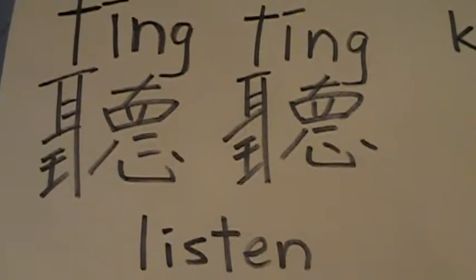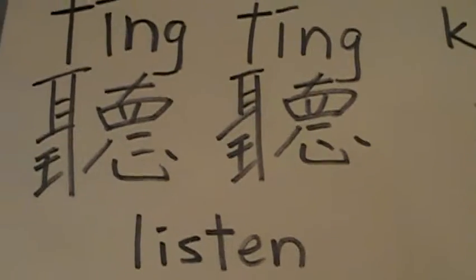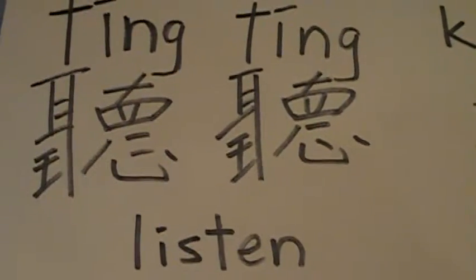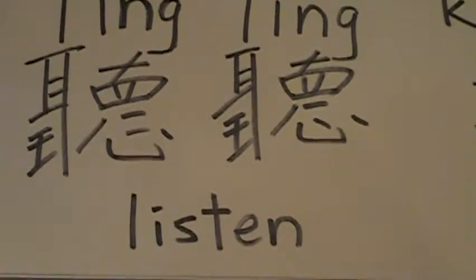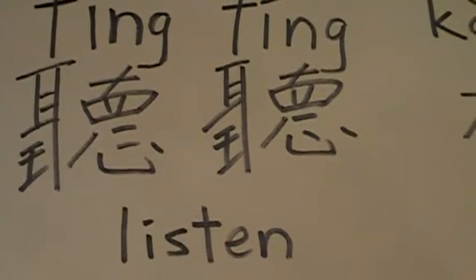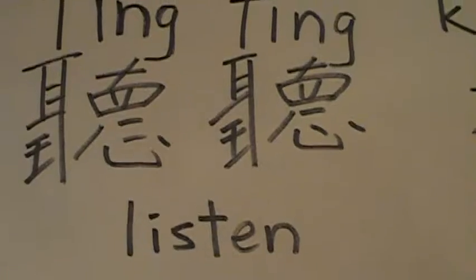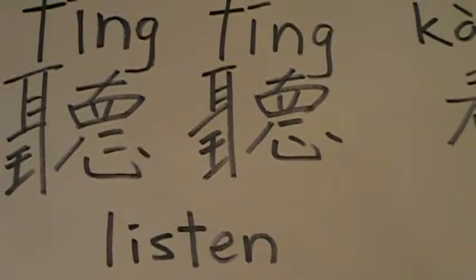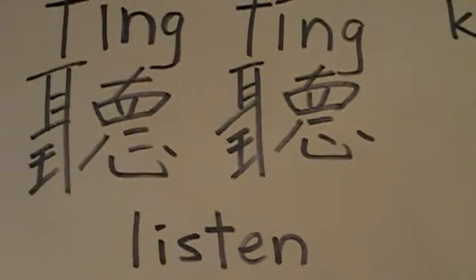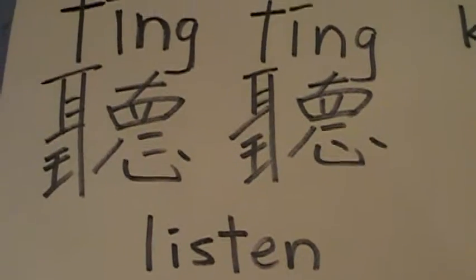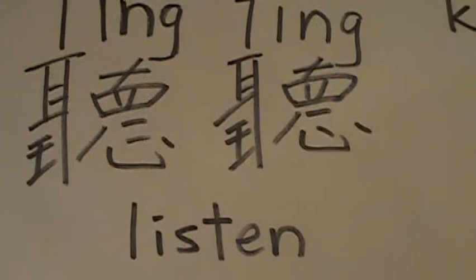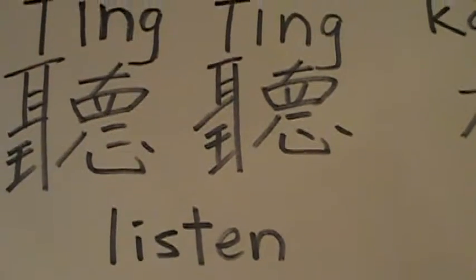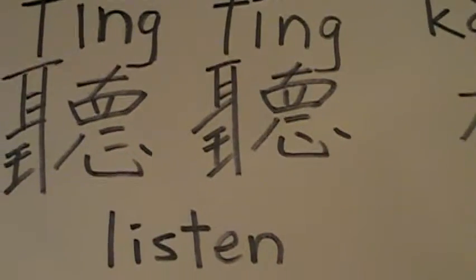And 听听, in contrast to only 听, represents a more hesitant manner in listening. So a person who says 听 or listen is more certain of performing the action of listening compared to a person who uses 他听听, or he listens a bit.